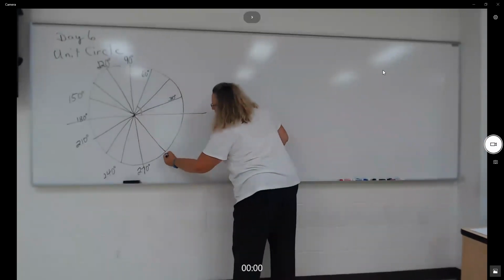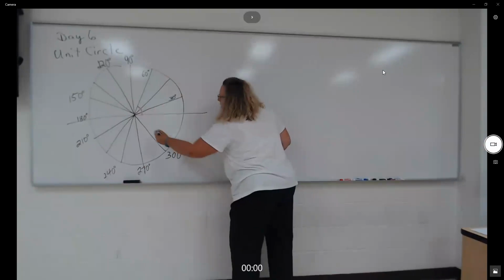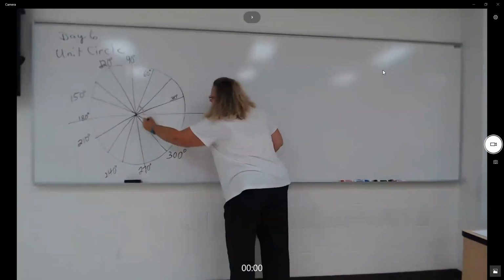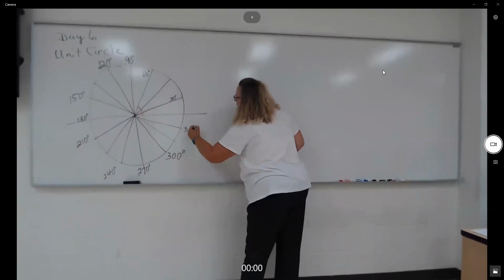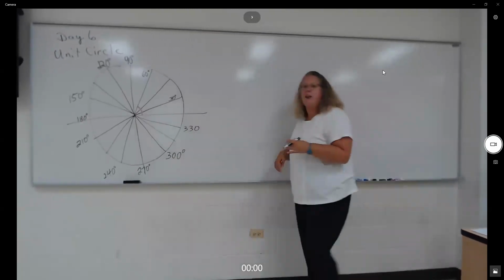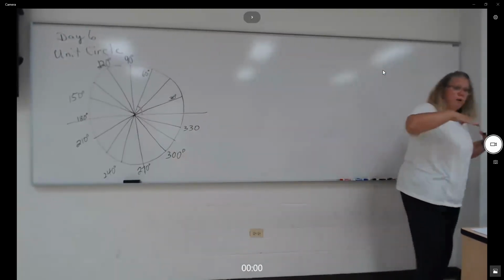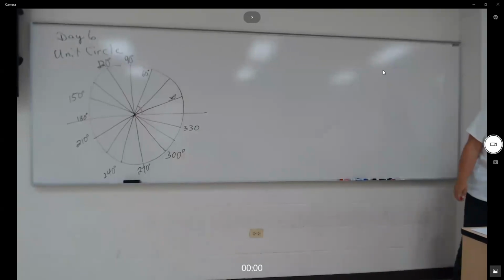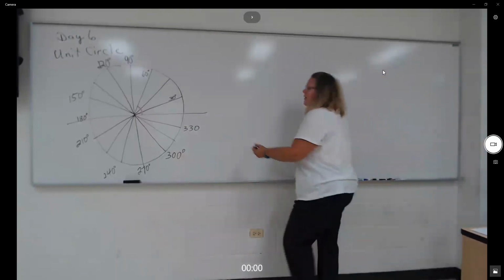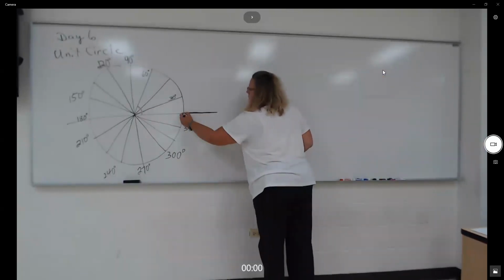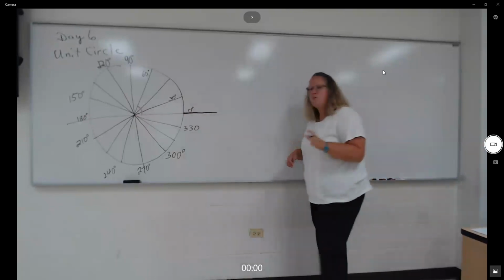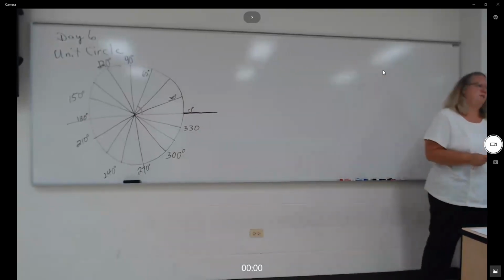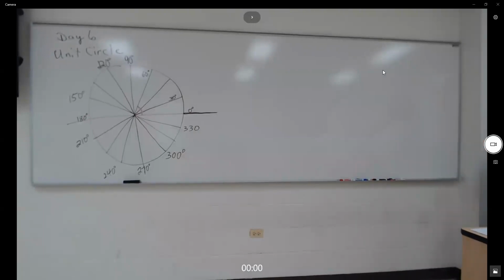Keep going at 30, so we're at 300. Skip the middle one, 330. And then where are we all the way around? We could be at 0, or we could be at 360. Either one you can mark. A lot of times we mark 0, because we always like to keep the number smaller.